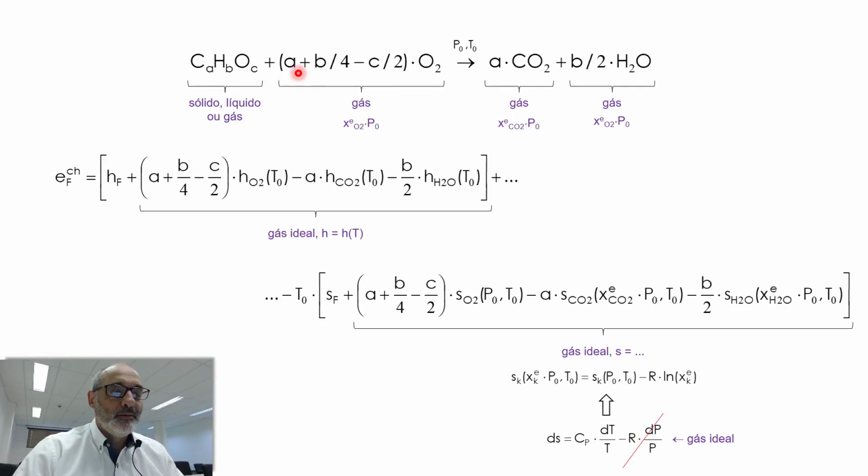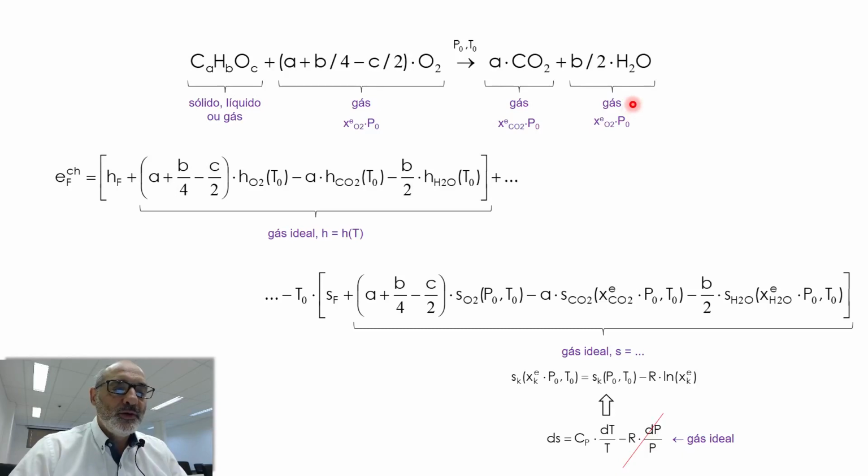We're going to do these calculations. So this is the chemical reaction: 1 mole of fuel plus this amount of moles of O2, giving A moles of CO2 plus B divided by 2 moles of H2O. In this case, the phase matters.